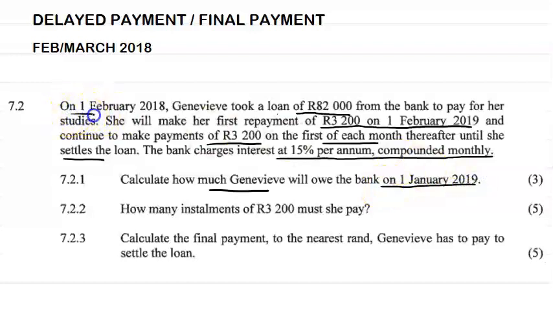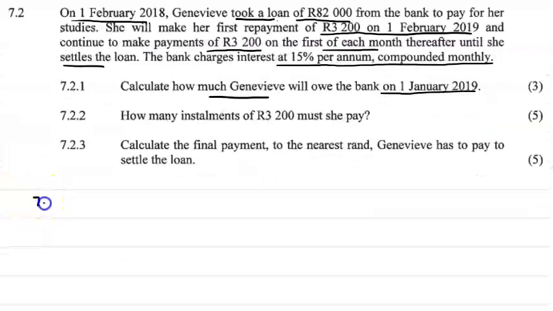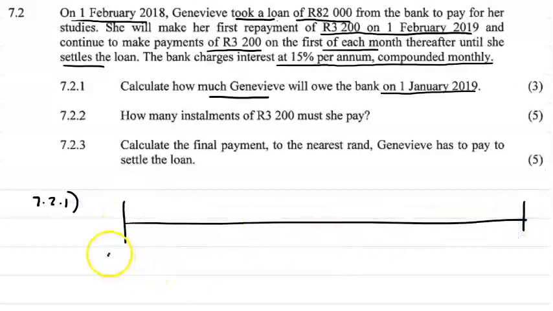Now, if we look here, she took the loan on the 1st of February 2018. With a present value annuity or any loan that you take out, your first payment is due 1 month after you take out the loan. Now, she is going to only make her first payment on the 1st of February 2019. Therefore, if you look at this timeline in 7.2.1, she's taken out the loan on the 1st of February 2018, and she's going to make her first payment on the 1st of February 2019.